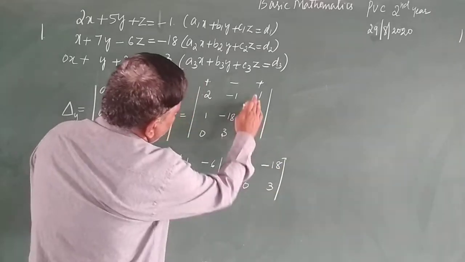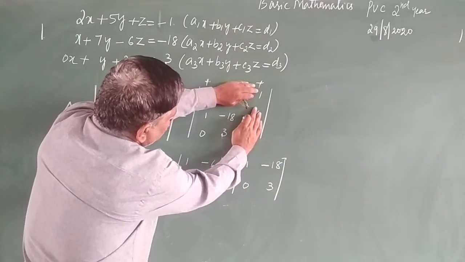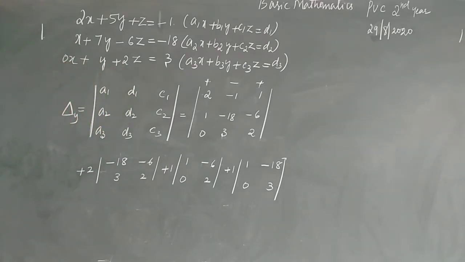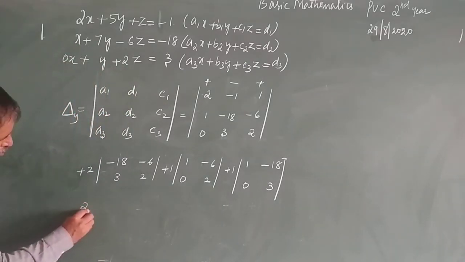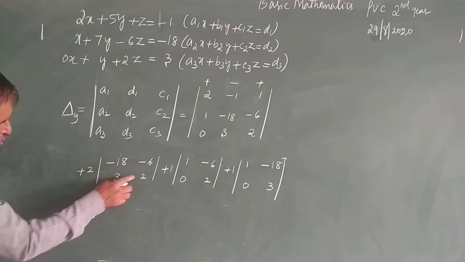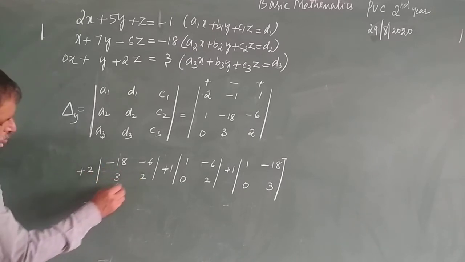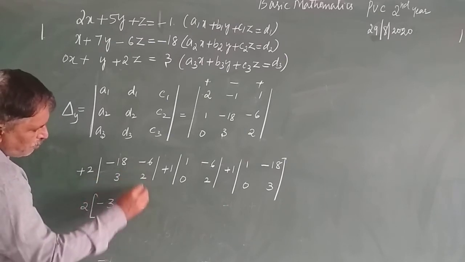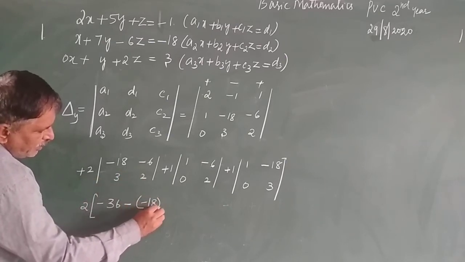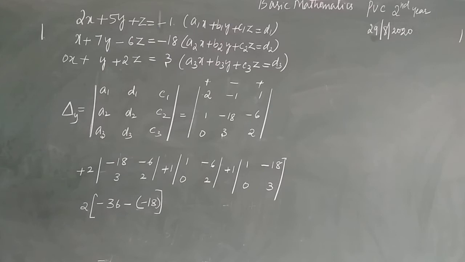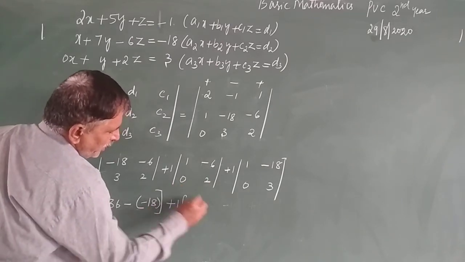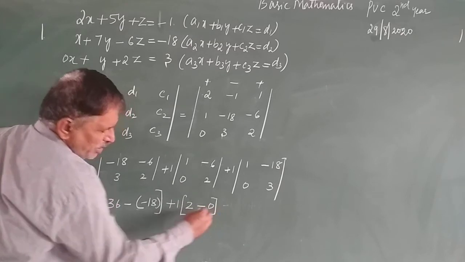So since I am taking minus 1, I need to eliminate this 1. Plus 1 I have taken. So I will get 1 minus 18, 0, 3. So 2. Now minus into minus 18, 2 times is 36. Minus plus into minus 18, because 6 times 3 is 18, plus 1. 2 into 1 times 2, minus whatever it is, 0 only, right?